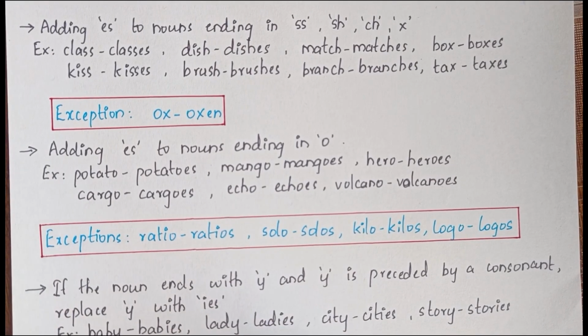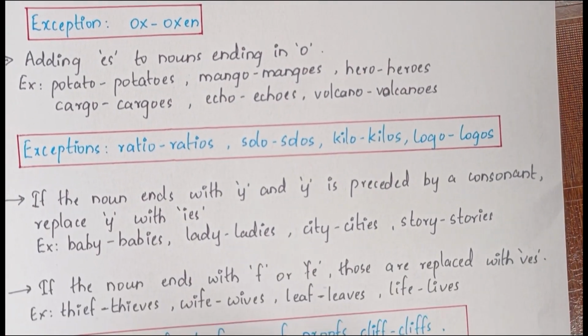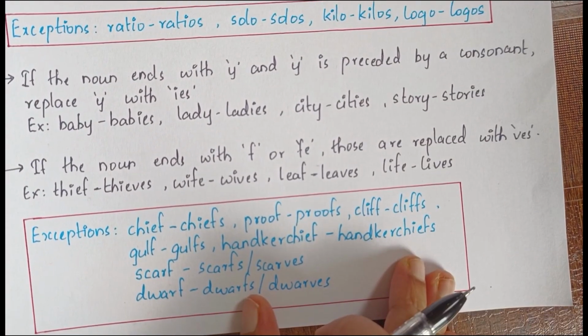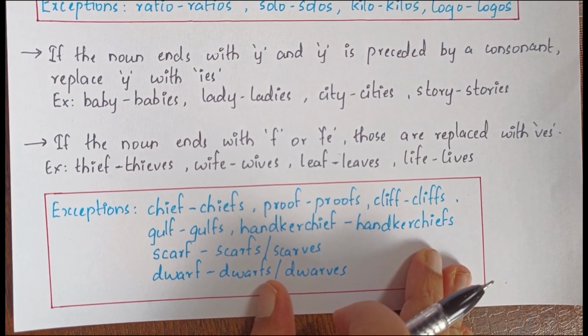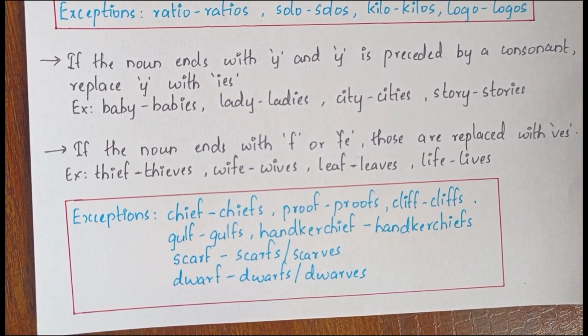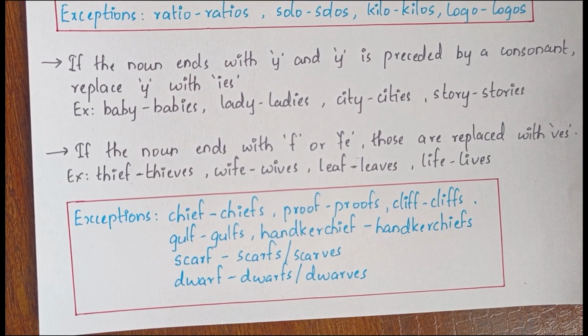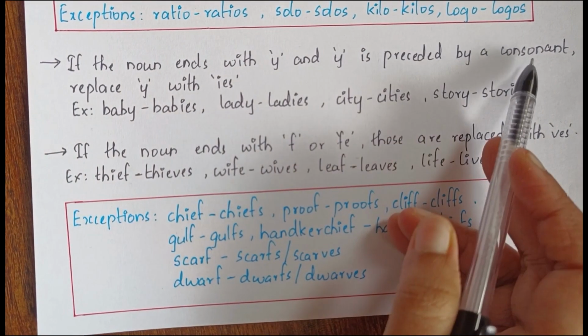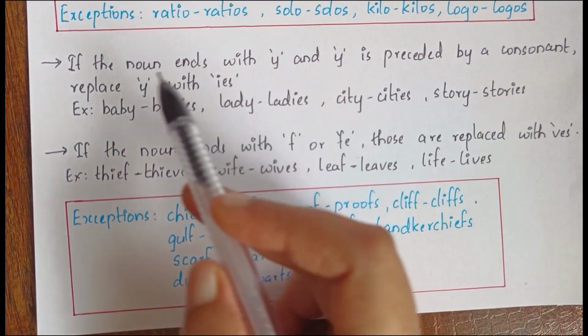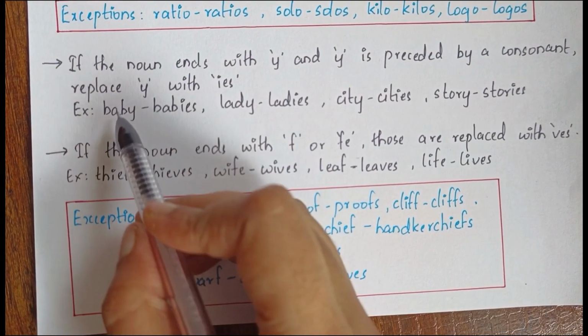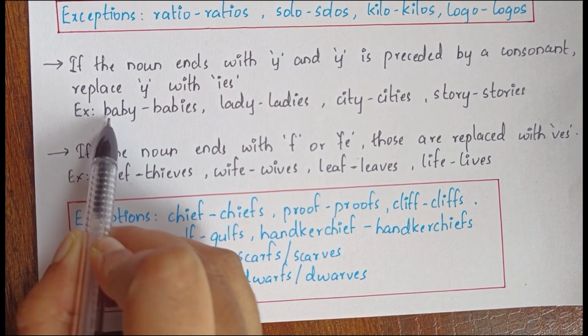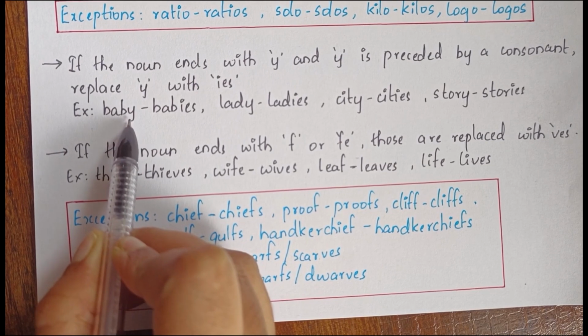Next case is, if the noun ends with y and y is preceded by a consonant, then we should replace y with ies. For example, baby: the noun ends with y and y is preceded by a consonant.